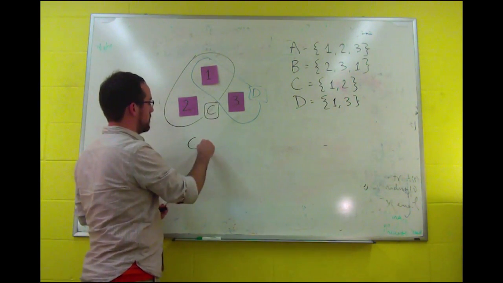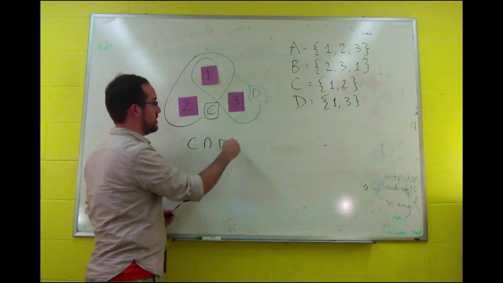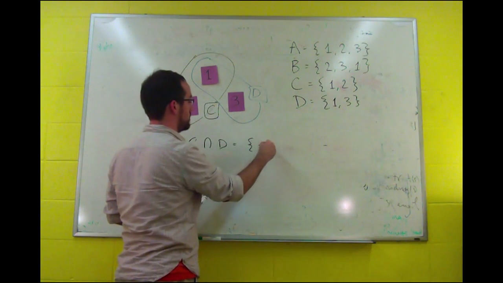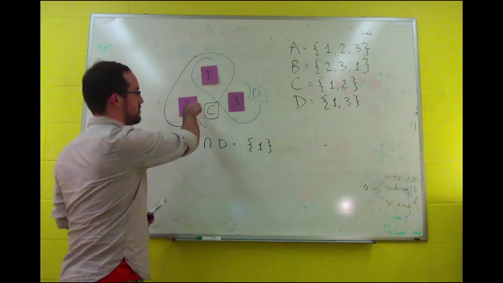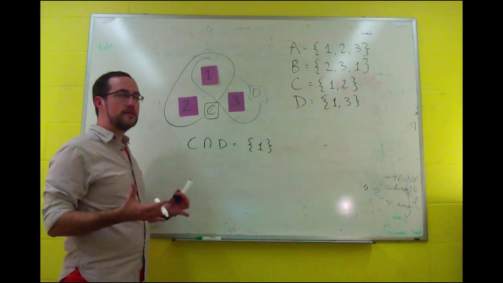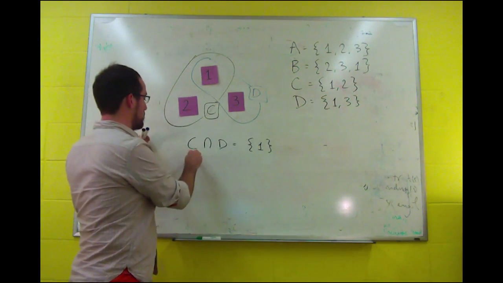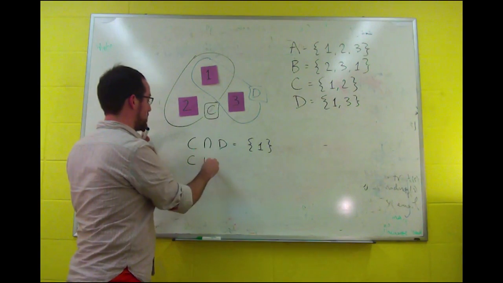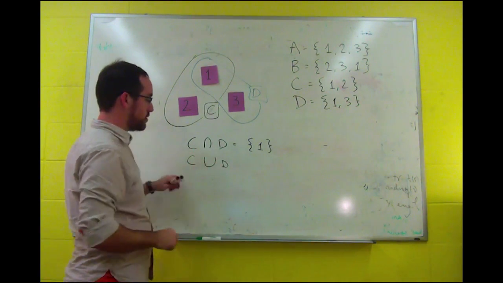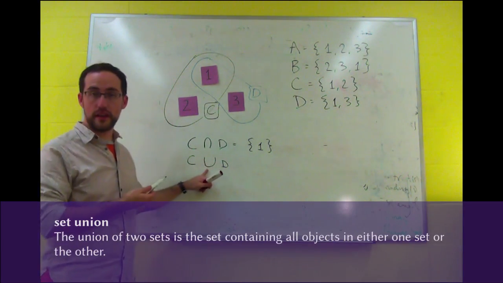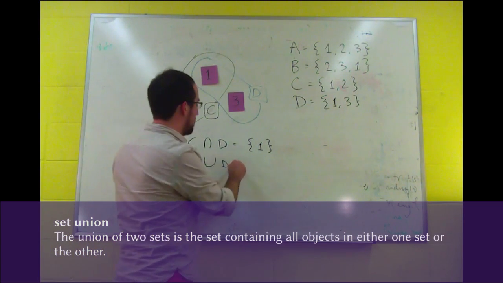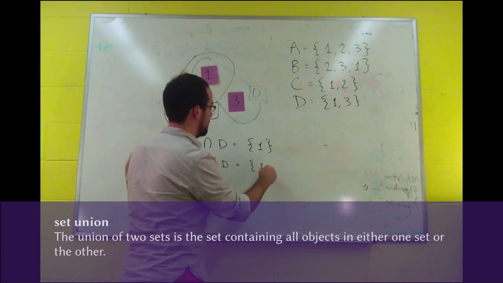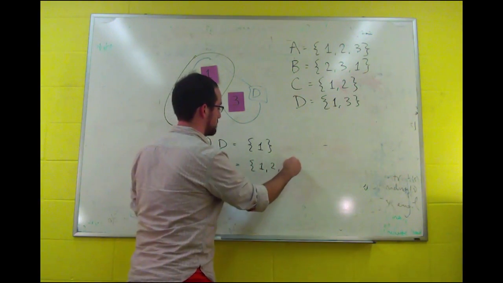So, recall we had C and D, and the intersection of C and D is the set containing 1. It's the only thing that's in both. But what is the set of things in either? Well, we say that's the union of C and D. We use this U-looking thing called a cup. And we say that would be 1, 2, and 3.